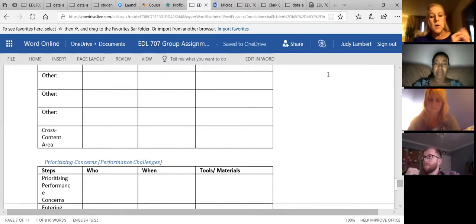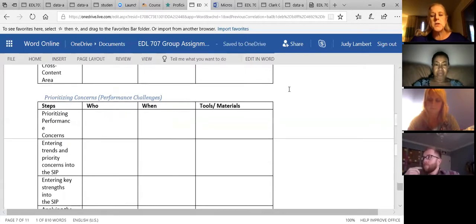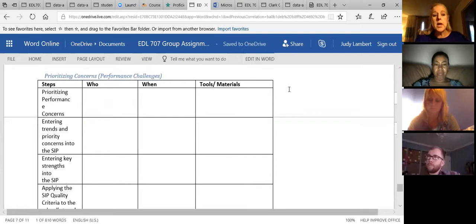Okay? Then prioritizing your concerns. Well, for me, one of the main concerns was the fact that their mastery percentage is so low. So again, who am I going to prioritize? Well, for example, in Texas, they only test third, fourth, and fifth graders. And in middle school, 6, 7, 8, they only test 7th graders in writing.